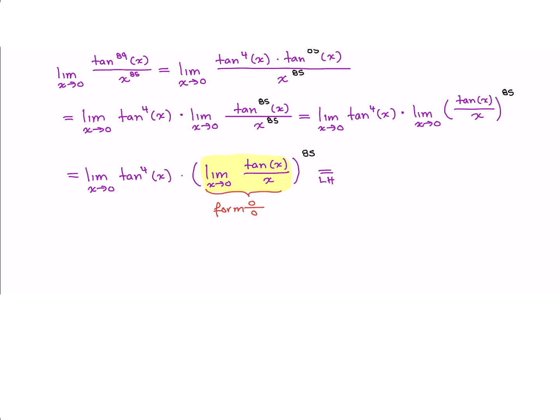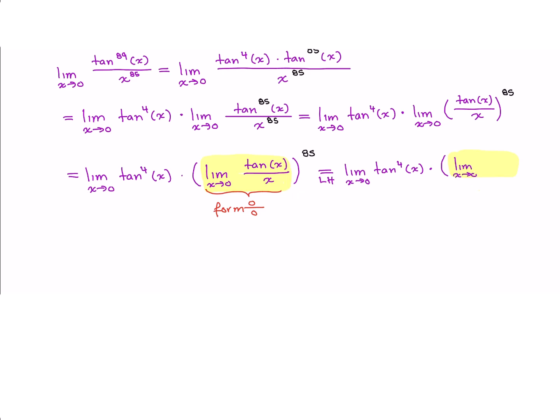Okay, so now again, what I call good form, I'm just going to keep the limit here until the end where I'll evaluate all the limits separately, but at the same time. Alright, so now L'Hopital's rule, and I'll put the result in here for this piece that I have highlighted in yellow.